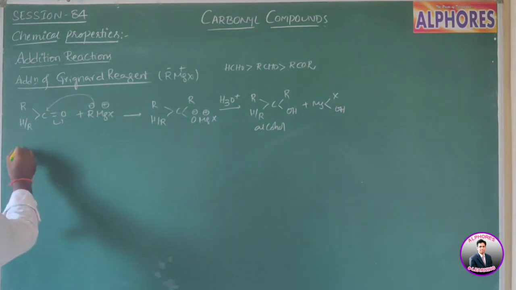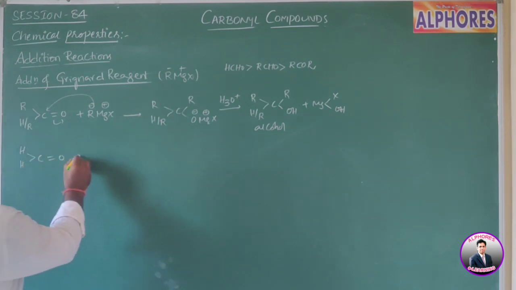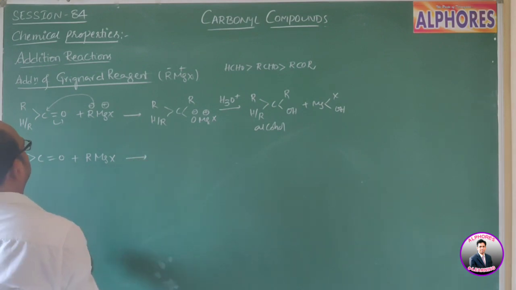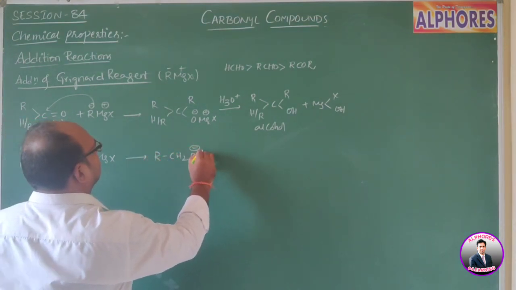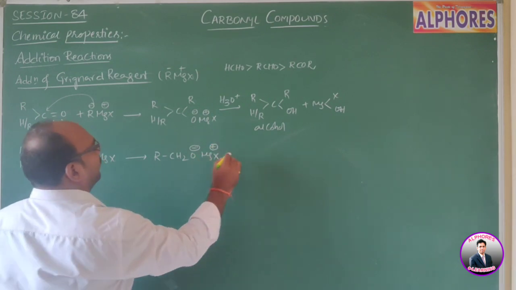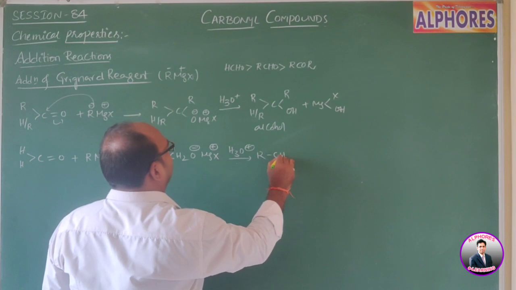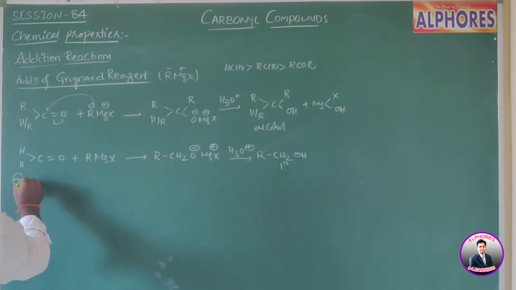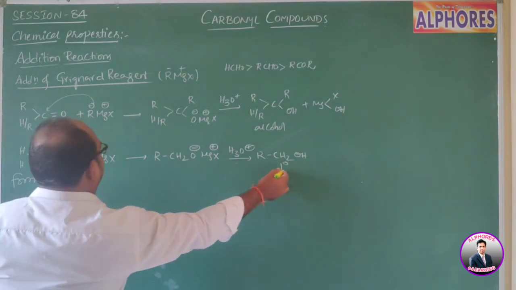Now, in the case of formaldehyde, what product do we get? Formaldehyde upon reaction with RMgX gives RCH2O-MgX+, which upon hydrolysis gives RCH2OH. So with formaldehyde we get a primary alcohol.